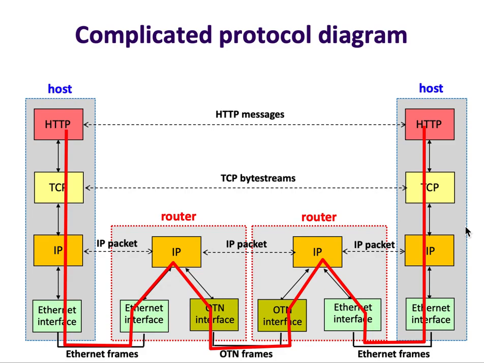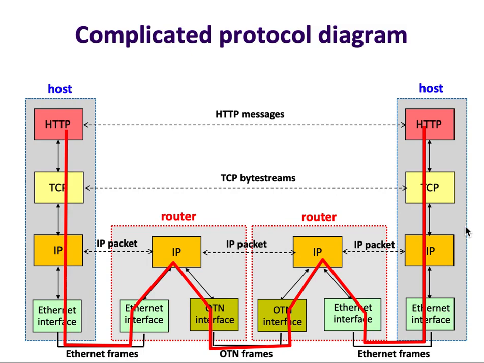The question here is, you're using the same framework between the two routers too, so you still need to go up to the IP layer. Why did I have to go up to the IP layer? Thank you, that's the crucial part in this picture, so it's good to get it right.